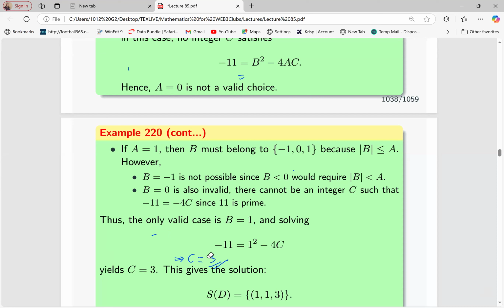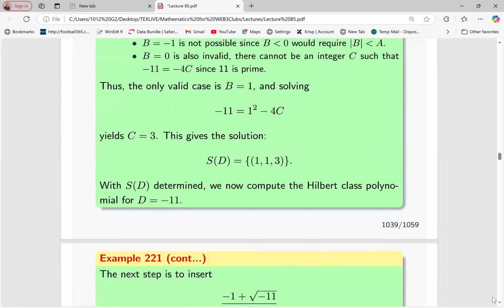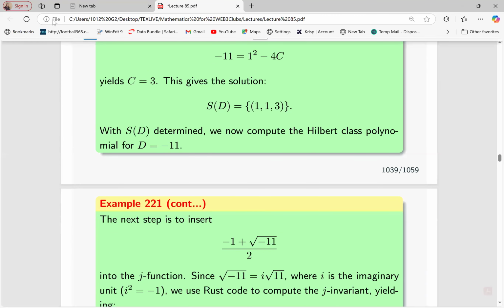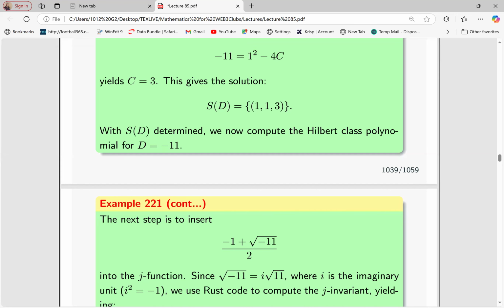Now, so that therefore means we have our set. Our set ABC, A was 1, then B is now 1, then C we just calculated is 3, and you have that set. So once you have the set, you now go to your code, and in your code, you have negative B plus the square root of D, then divided by 2.